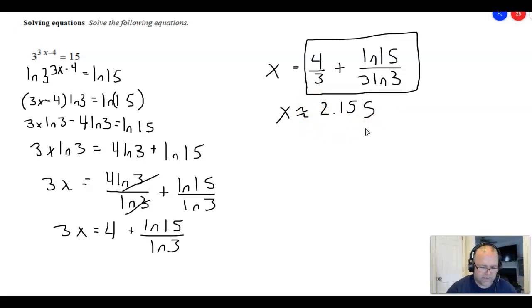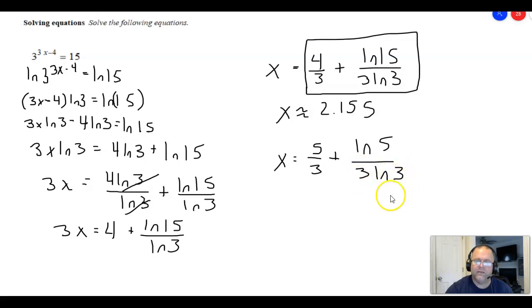Now, the interesting thing about this problem is that the actual book had a slightly different looking solution. It said x is equal to 5/3 instead of 4/3, 5/3 plus the natural log of 5 divided by 3 natural log of 3.